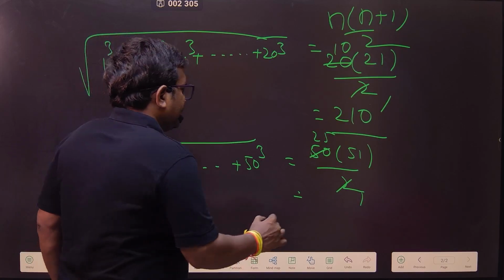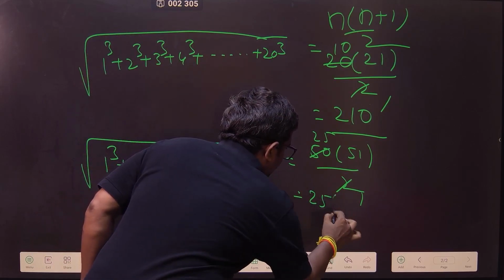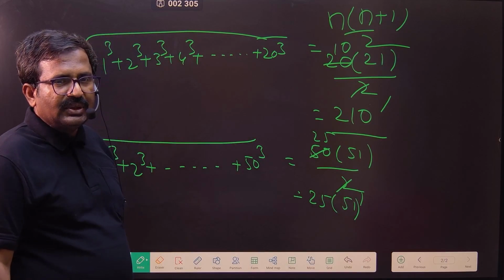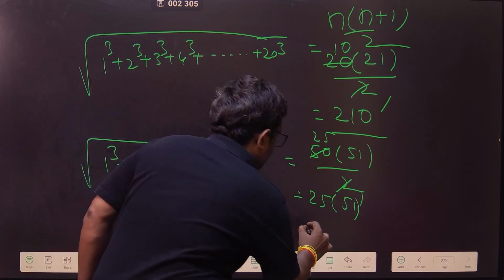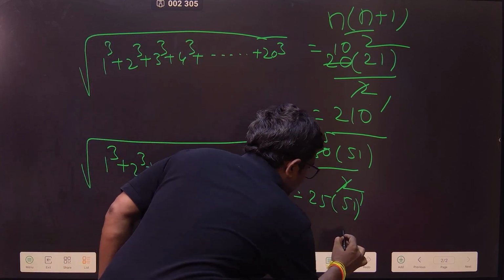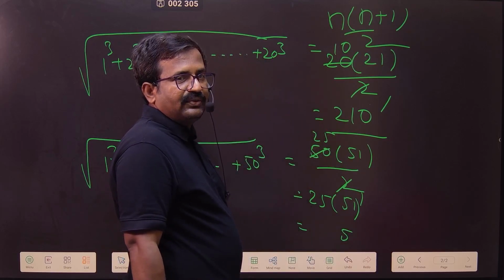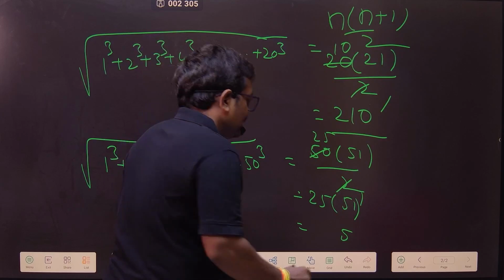Here it is 25 into 51 equal to 25 ones are 25, 25 fives are 125. 125 plus 2 is 127.